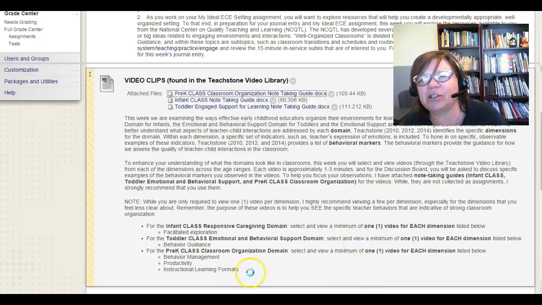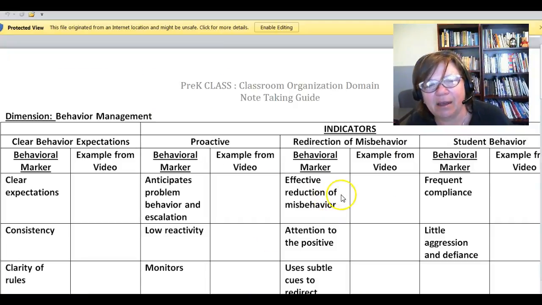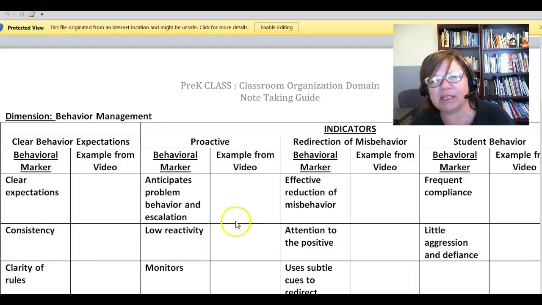And what you're trying to do, if I remember from when I just read this, you're trying to look for particular behavioral markers, the examples from the video. So these note-taking templates really are guides. They really help you focus in on what are the examples, the particular examples.